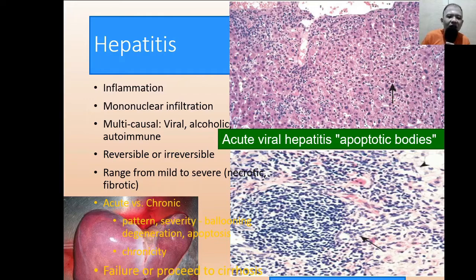When evaluating if the hepatitis is acute or chronic, it is based on the pattern, the severity, the chronicity, and the sequelae is either the liver develops to failure or it can proceed to cirrhosis.